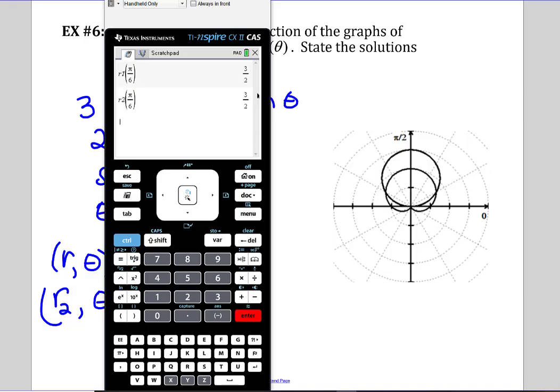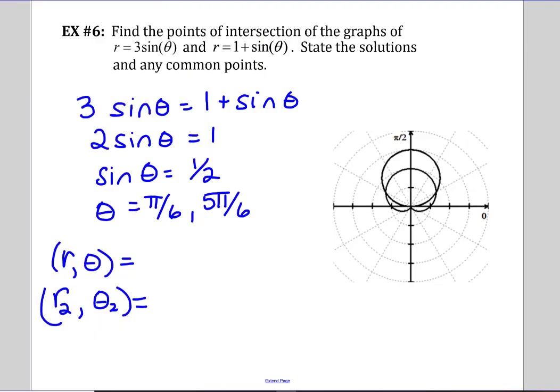So that's a solution. That tells me we have a solution. So at 1.5 and pi over 6, 1.5 is the radius, and 30 degrees is the angle on both of them. We'll jump over to degrees.